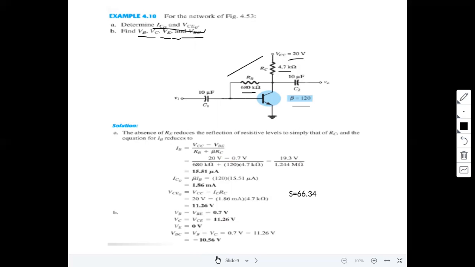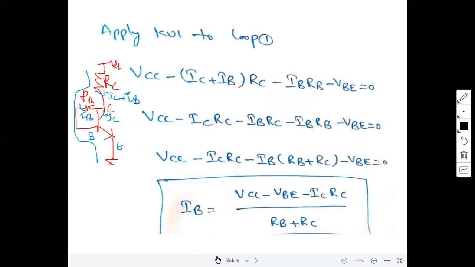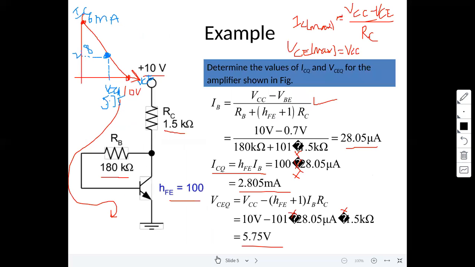Observe here: IB is equal to VCC minus VBE by RB plus (HFE plus 1) into RC. HFE is very much greater than 1, so we may neglect this one.